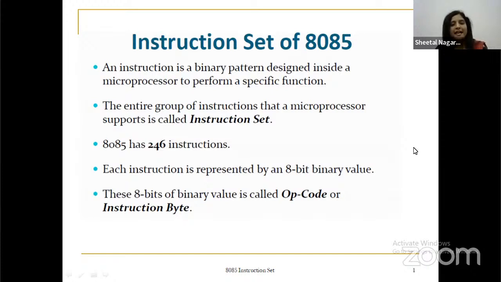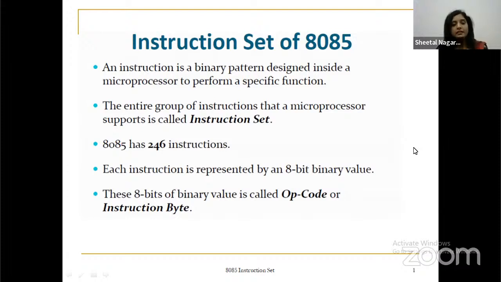Every microprocessor, it may be 8085 microprocessor, it may be 8086 microprocessor, it may be 80186, 286 or any other, these microprocessors were introduced by Intel company. Every microprocessor has its unique instruction set and every instruction has its opcode, operation code, or a hexadecimal number.